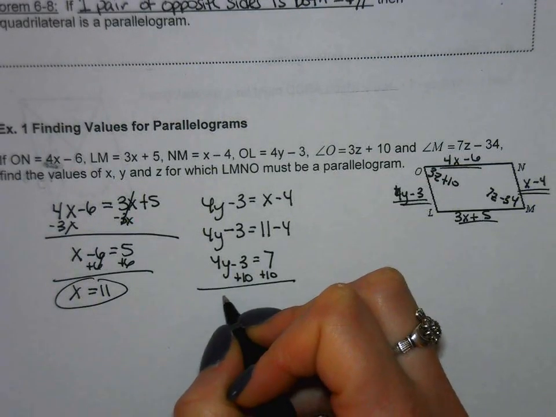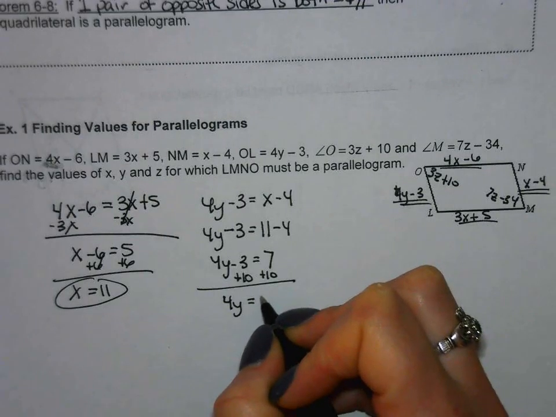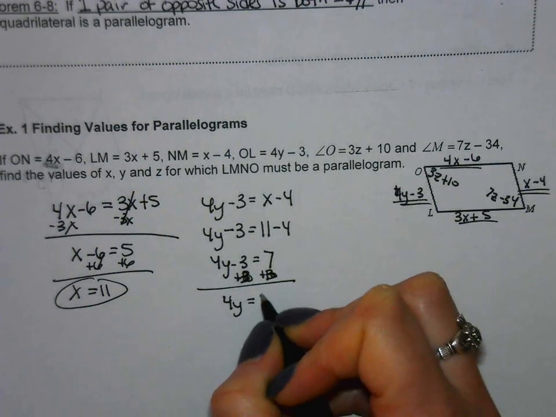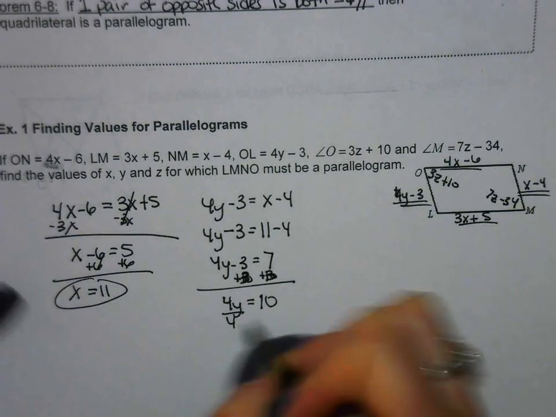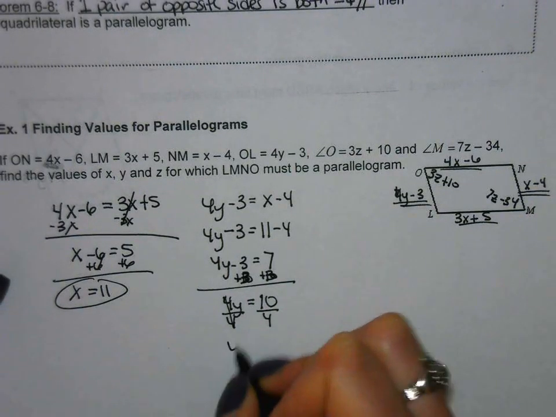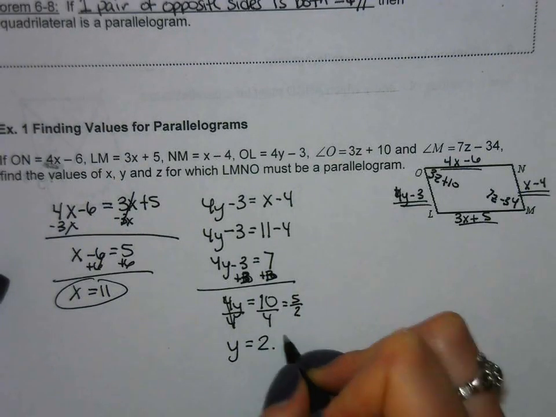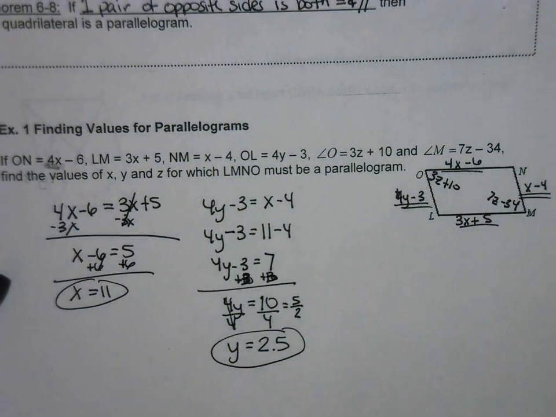So we end up with 4y equals, add 3, 7 plus 3 is 10. So we can divide both sides by 4. So y equals, if I reduce this, 5 halves. So y equals 2.5.